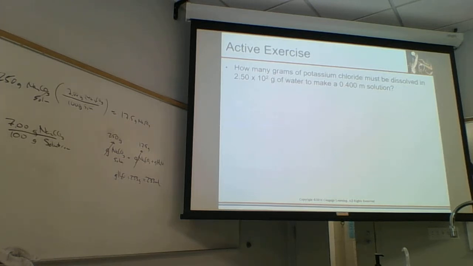So if I have 250 grams of water, I'll go from 250 grams of pure water to kilograms of water. From kilograms of water, I can use this to go to moles of KCl. And then from moles of KCl, we'll just go to grams of KCl. So it's just a dimensional analysis: grams of water to kilograms of water to moles, using the molality, and then moles to grams.